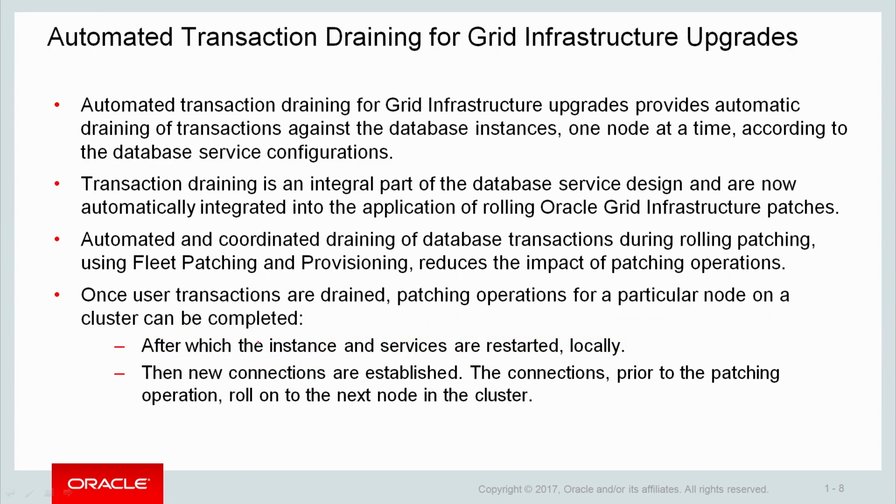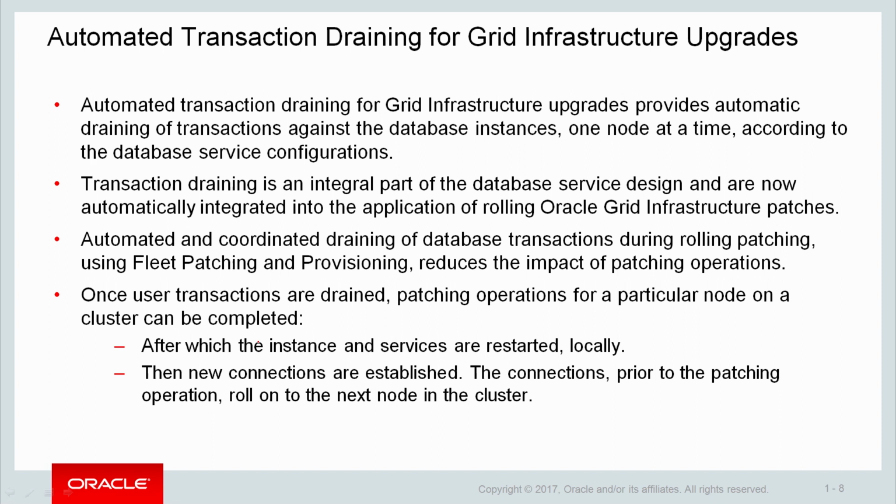Some more functionality to do with grid infrastructure upgrades. We have automatic transaction draining for grid infrastructure upgrades as well. So if you're using a more traditional rolling patching technique, you can now allow all the transactions to drain from the Oracle services before you shut them down or fail them over.